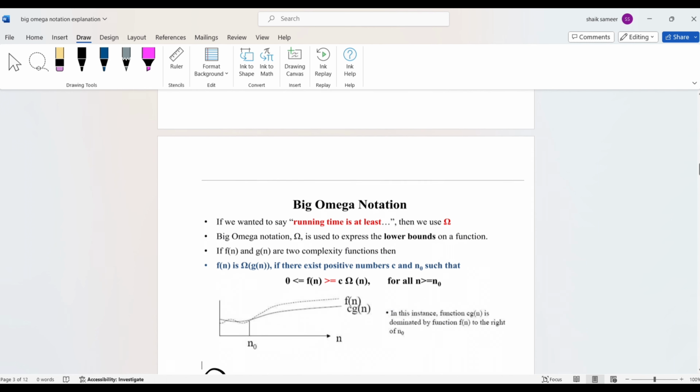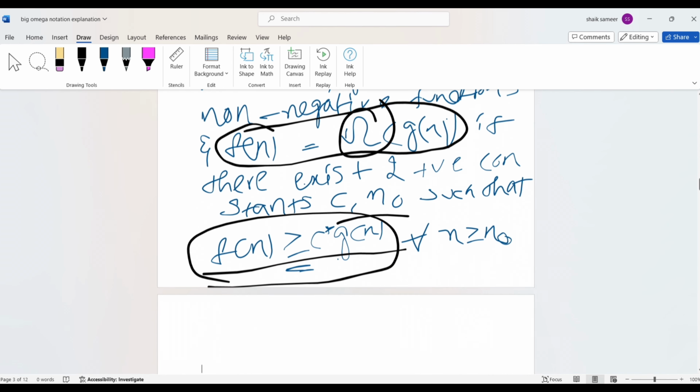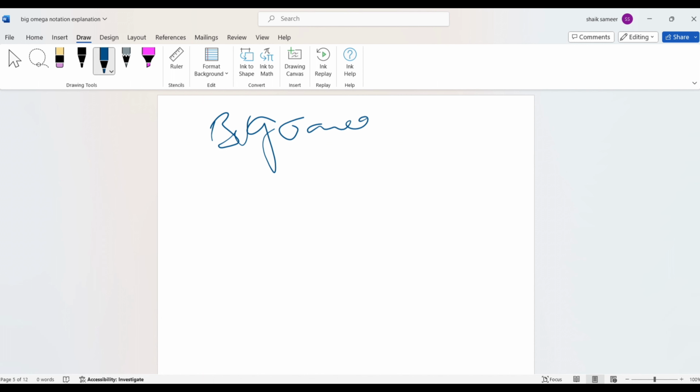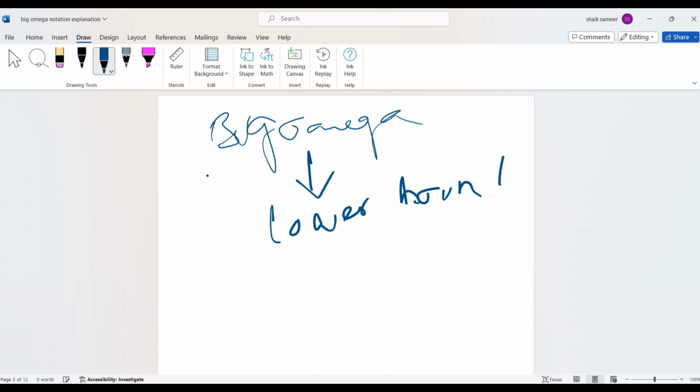So when to use this big omega notation? Big omega is used in lower bound scenarios, that is, in best case scenarios.